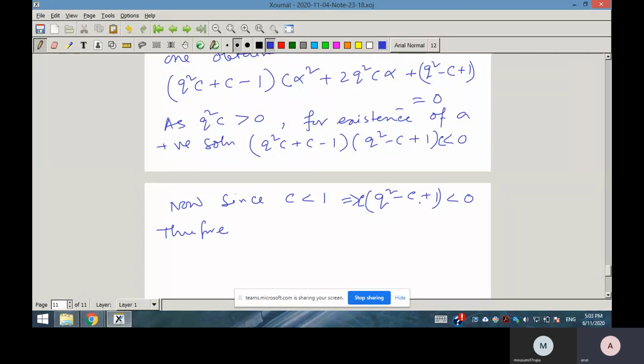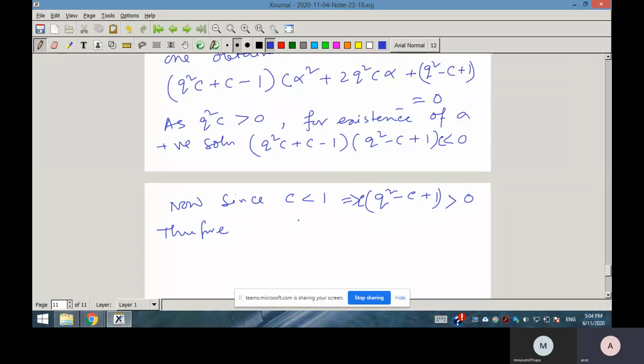C is greater than 0, and 1 minus C is greater than 0, so this should be greater than 0.